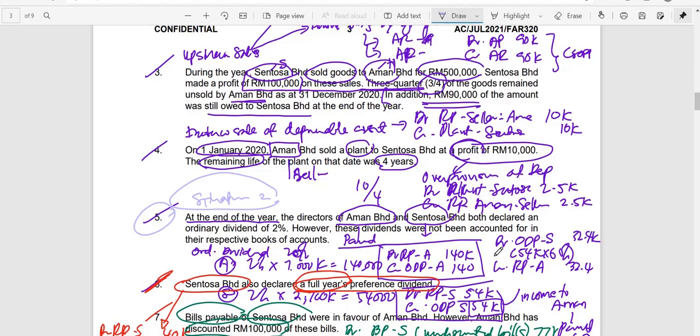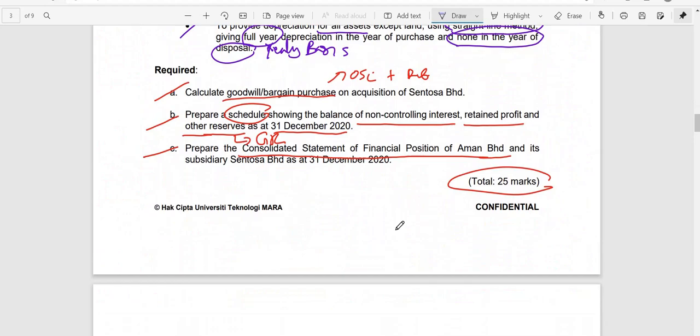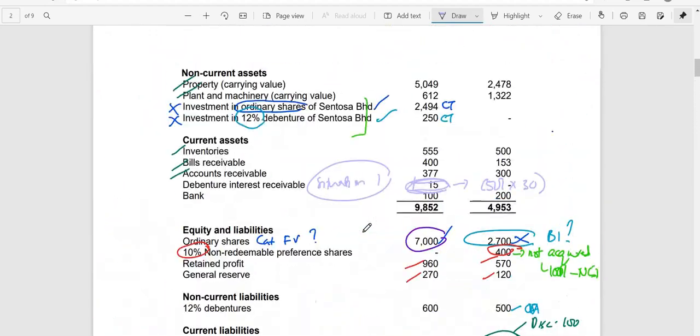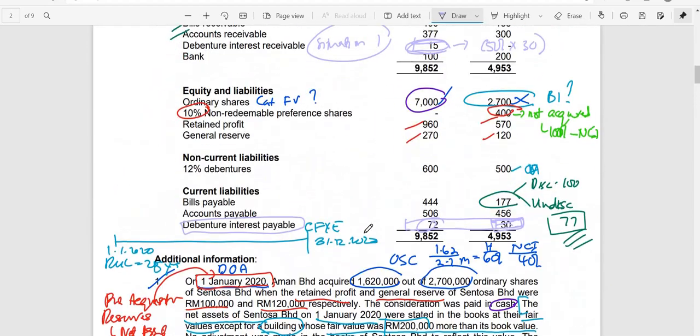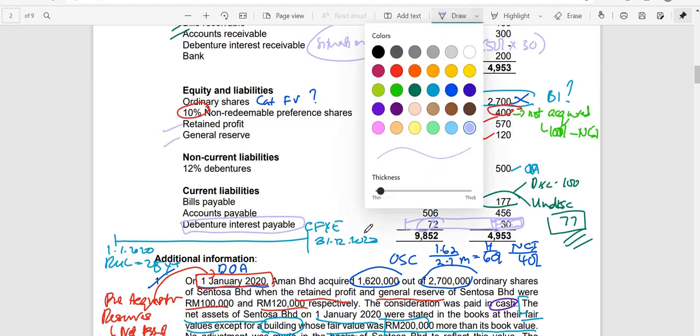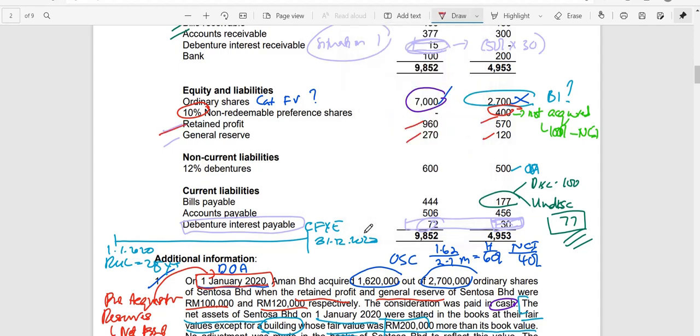So you need to identify the situation correctly. That is for you to take note. What we're going to do now is just add this. But bear in mind, for the general reserve, for the retained profit, and for the non-controlling interest, we will have to include one new item.